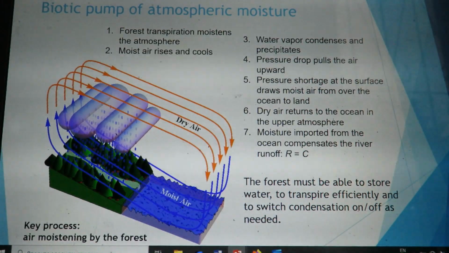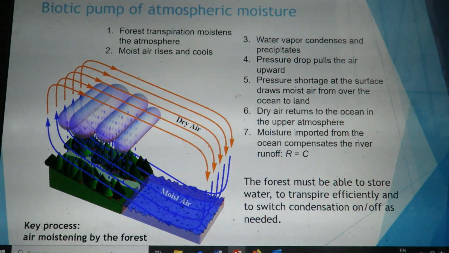conditions. And this can be achieved by producing biogenic condensation nuclei that serve as tiny spots in the atmosphere where condensation occurs.